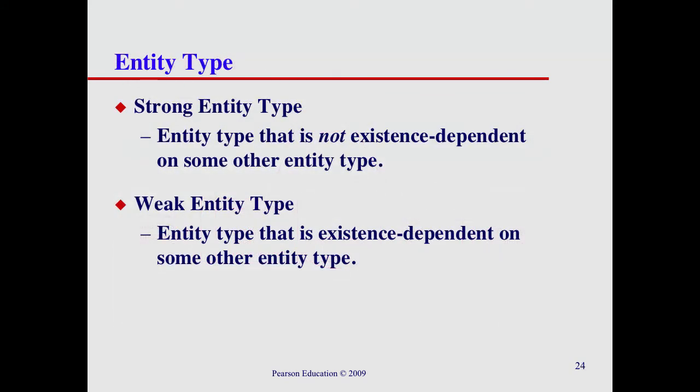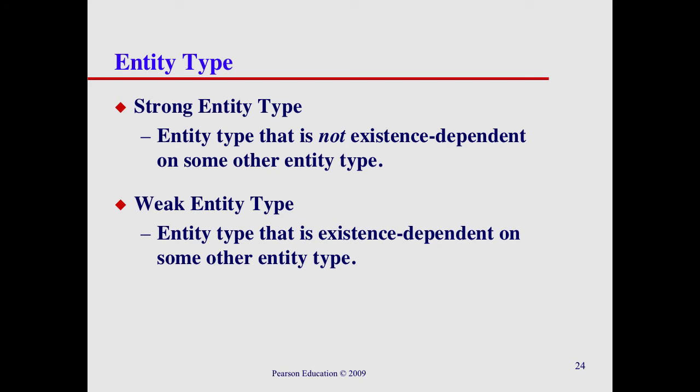Okay, now going to dive a little more deeply into each of these 3 components: entities, relationships, and attributes. So the book makes a distinction between a strong entity type and a weak entity type. I find this to be somewhat nebulous, but they call a strong entity type an entity type that is not existence dependent on some other entity type.